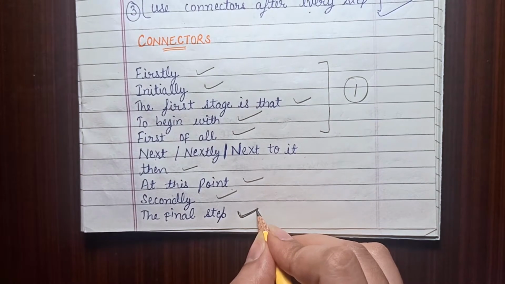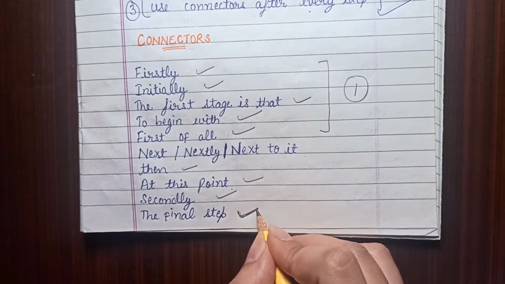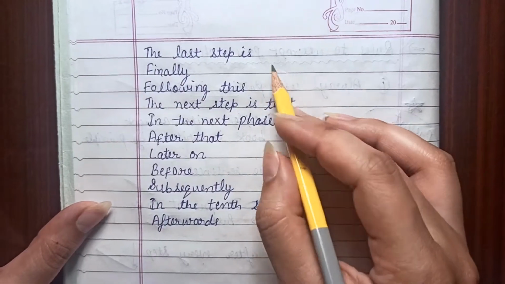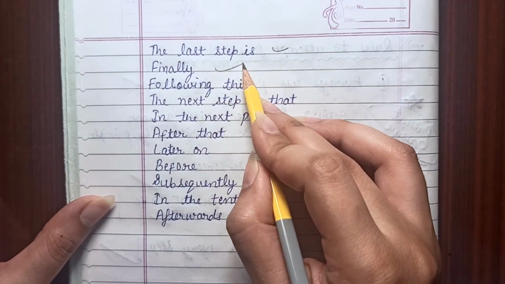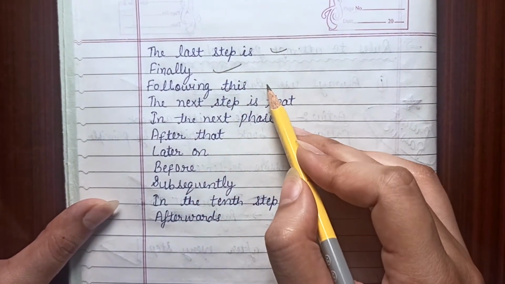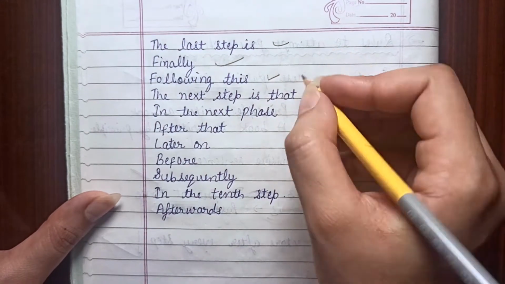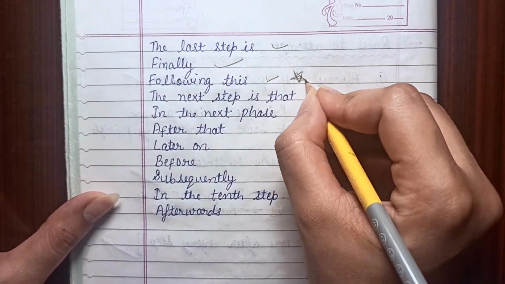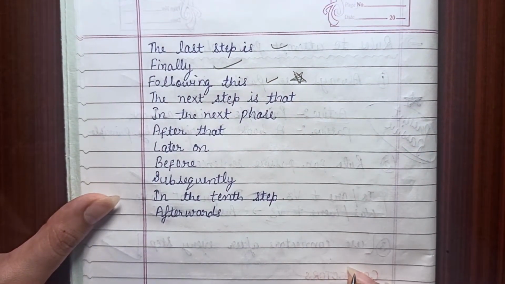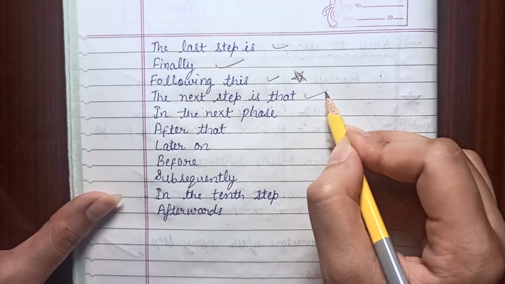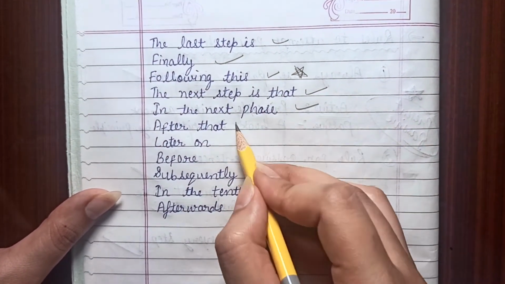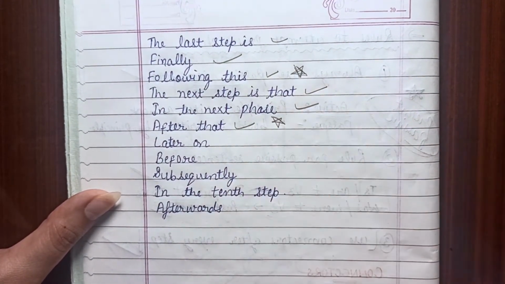The final step. This is used to write the last stage, right? The last step is that, finally. So next are the following this. This is an advanced connector. By using this connector, you will score high bands. In the next stage, in the next phase, after that, this is also an advanced connector.